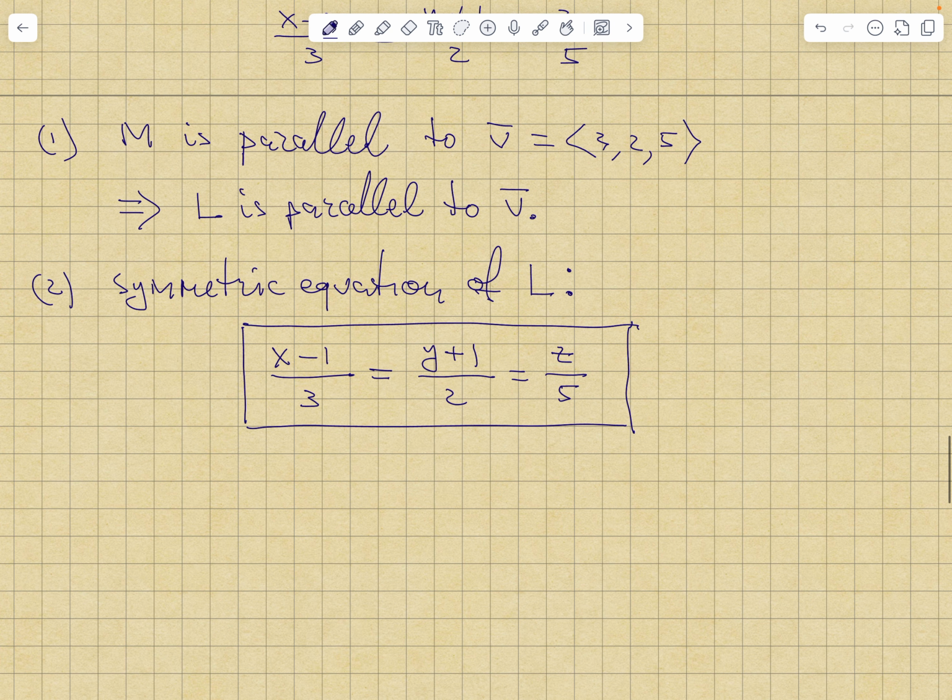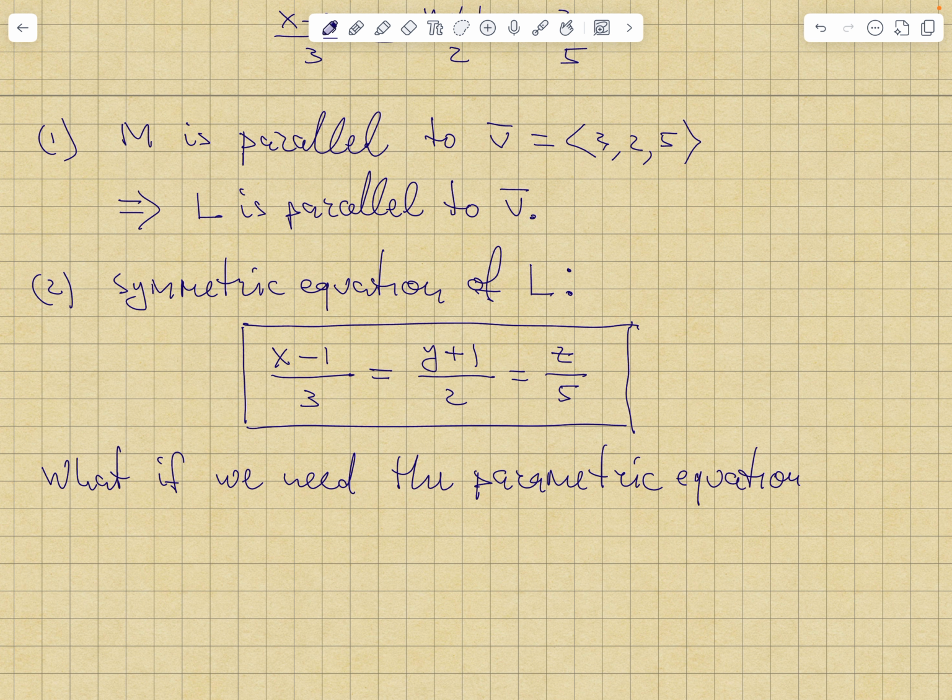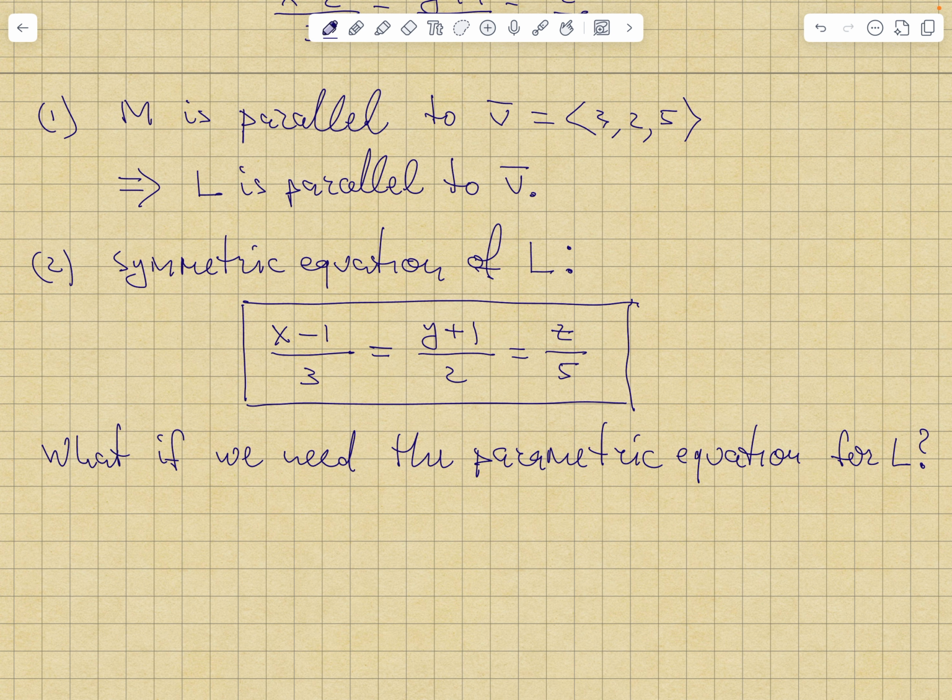What if we need the parametric equation of this line? Okay, so in that case, I just recall how I got the symmetric equation.